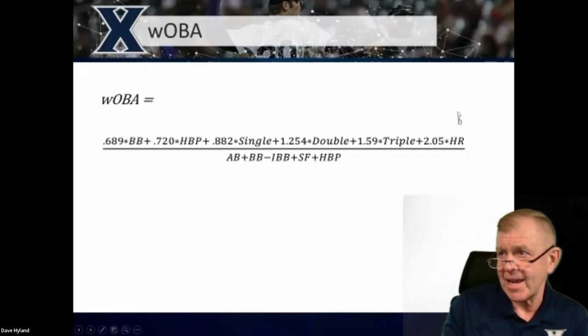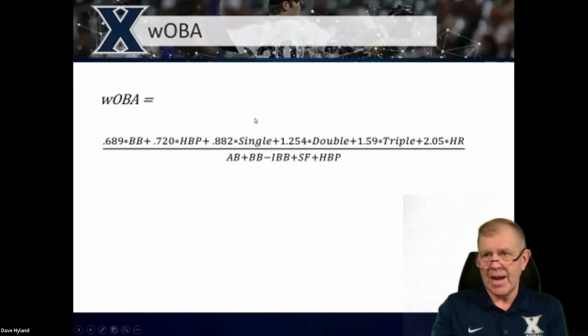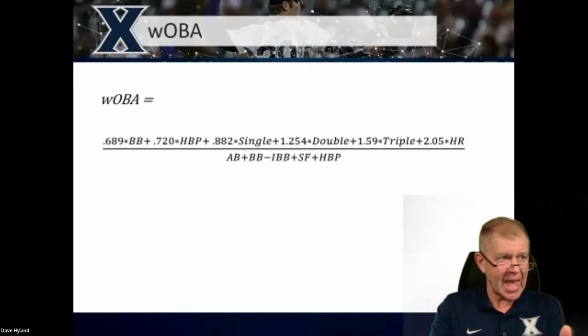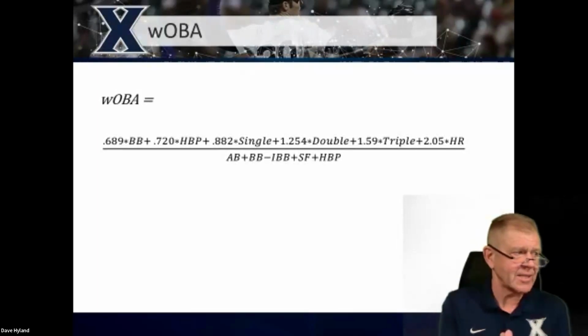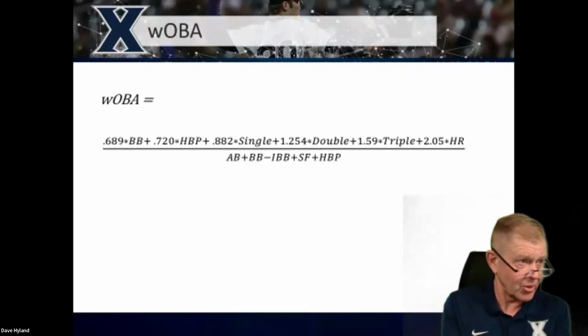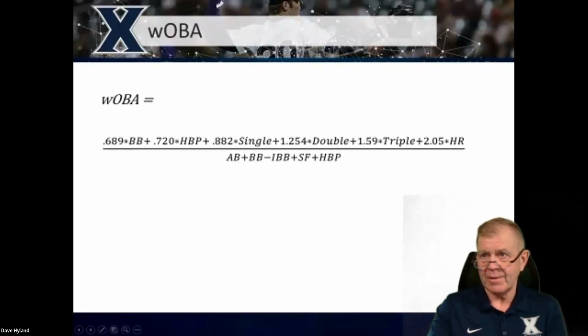So essentially I can take my numerator, take the actual values of how many runs were created, and divide by 10, and that tells me how many runs above average. I'm sorry, when I divide by 10, it basically tells me how many wins above average a player can contribute, or did contribute, to the team, right?